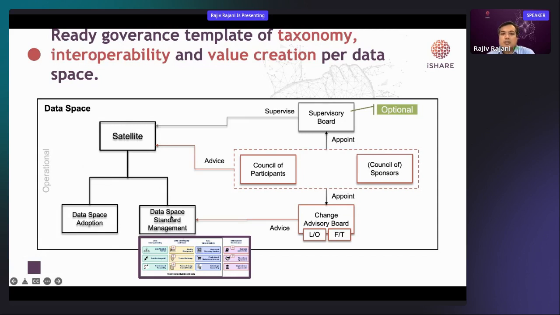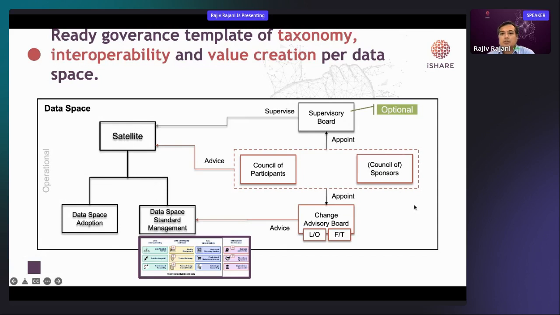And of course, the data space standard management, as I explained, when you define a data space, you also have a definition which defines the standards, the data models, etc., that are used by your data space. And you keep on maintaining it to make sure that it is up to date and relevant for all the participants that are part of the data space. So this is basically the operational aspect of the data space, coming under the satellite, for example.